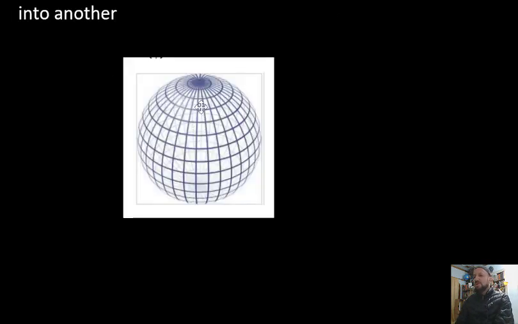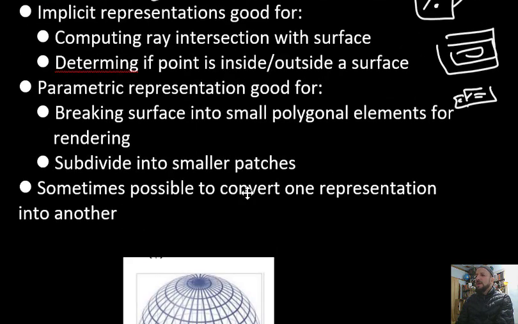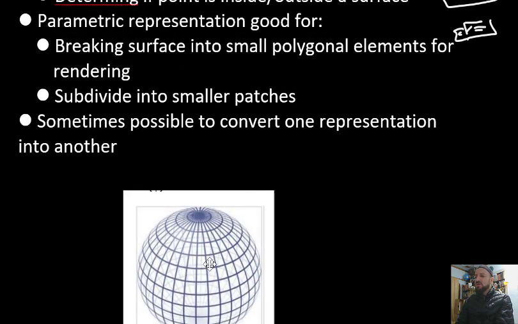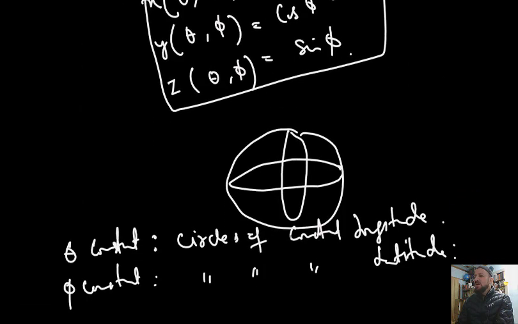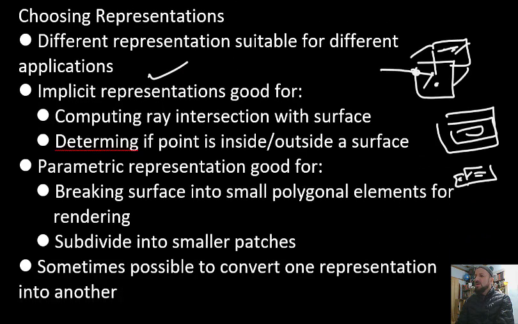For example, this is the parametric representation of your sphere, where you have these longitudinal circles and latitude circles. You divide this into smaller polygons. Here the parametric representation is nice, because we discussed it using two parameters, theta and phi, for the circles of longitude and for the circles of latitude.